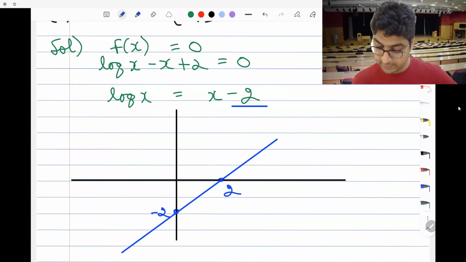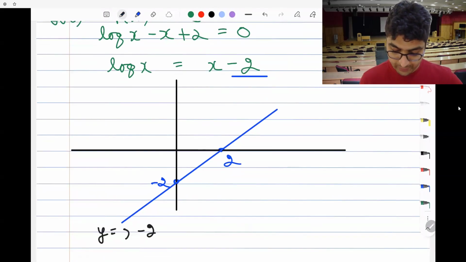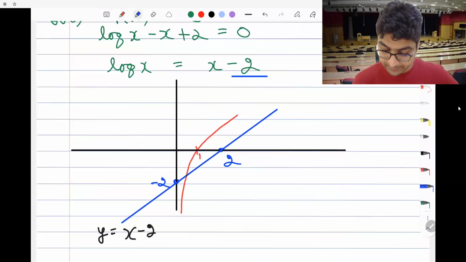Okay, so this is y equal to x minus 2. And log x, we know that log 1 is 0, so it has to pass through this point. And it is concave, and this is a straight line.